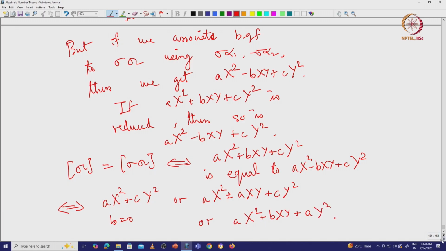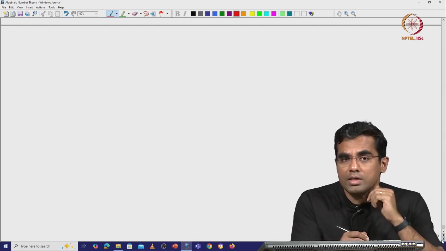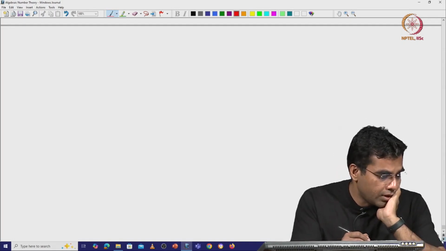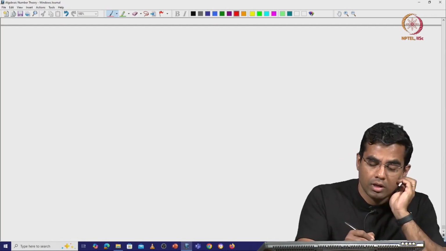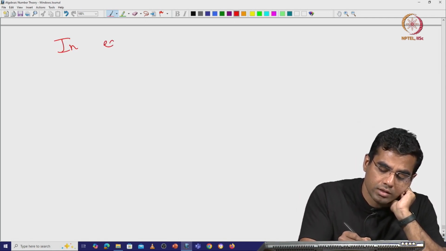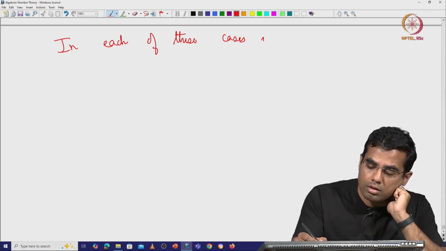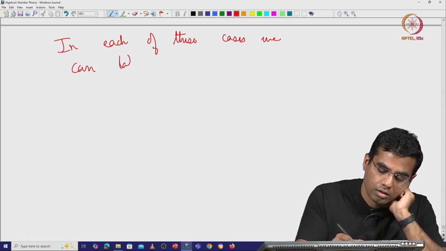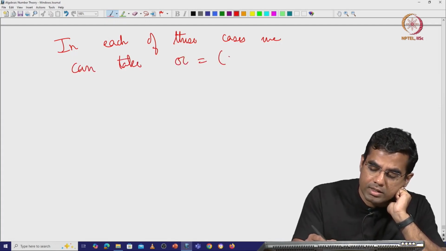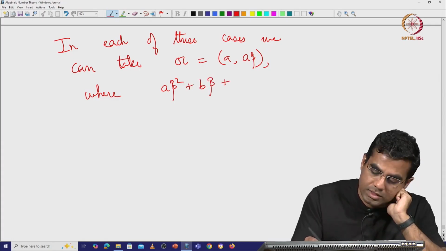In each of these cases we can choose a good representative for A. A's are given ideals, we can't do much about it, but we can now change it within its class. So, in each of these cases we can take A to be the ideal generated by a and a beta, where a beta squared plus b beta plus c equal to 0.